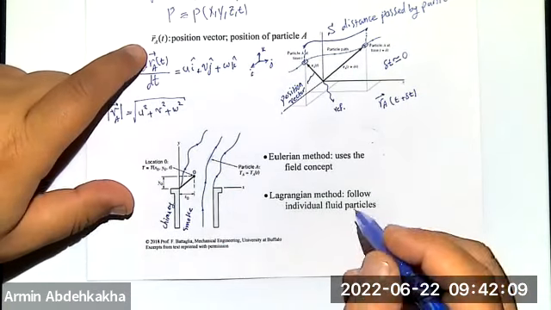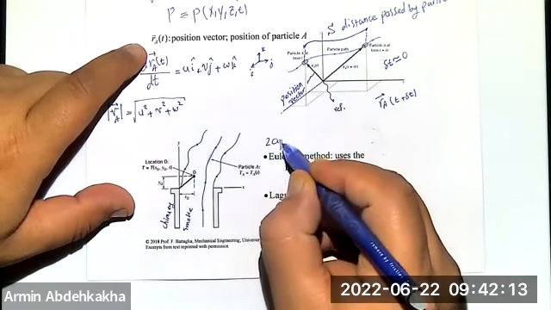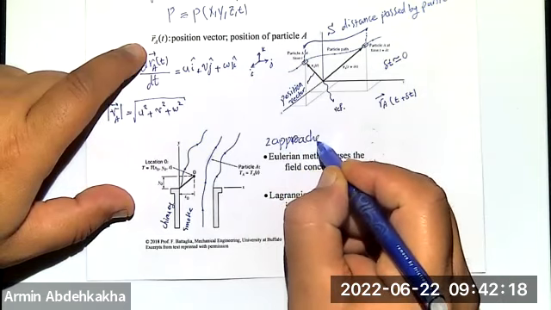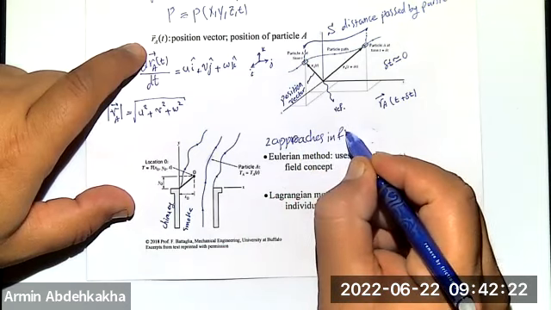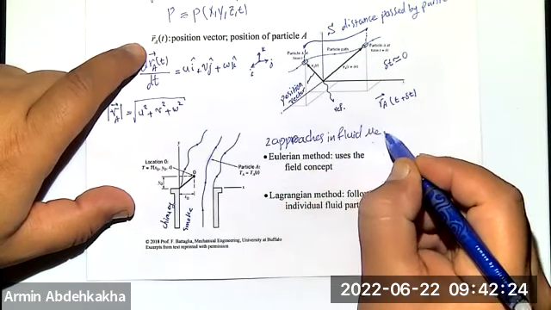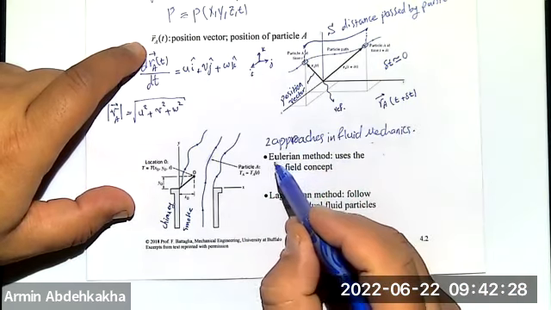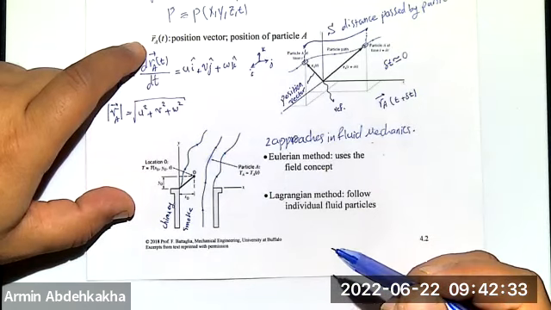Okay, so two approaches in fluid mechanics. One is the Eulerian method, which uses the field concept.